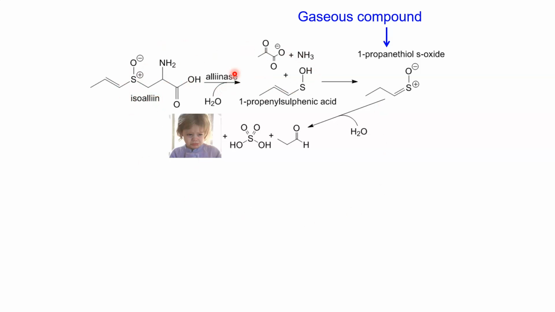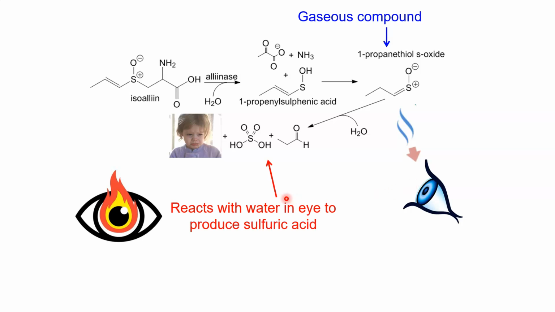So there's the compound, there's the enzymes, you cut into it, and then this reaction happens, and you have this volatile compound right here that goes up and gets into your eye. What happens is this compound reacts with the water in your eye to make this, which is sulfuric acid.